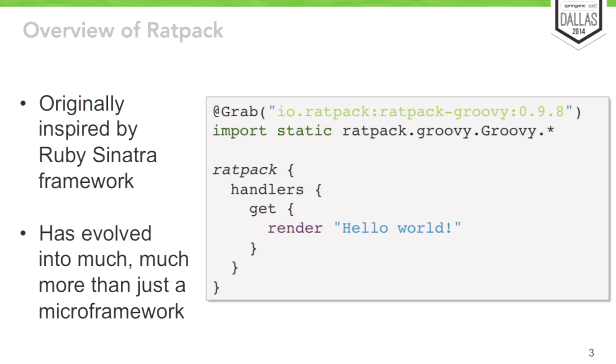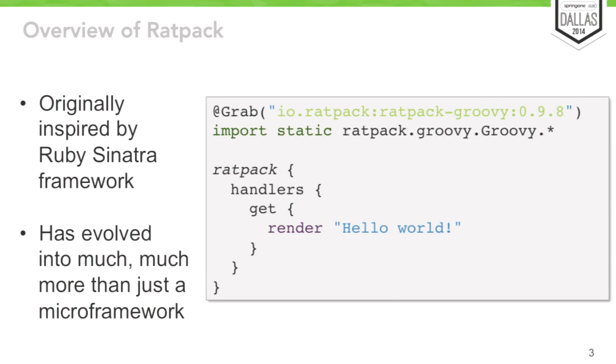We have advanced data binding capabilities that allow you to parse forms into Java objects. For security, we have modules for Pac4j if you need authentication, and there's a module for session management. These are just some examples of how we've expanded it into much more than just a micro framework.